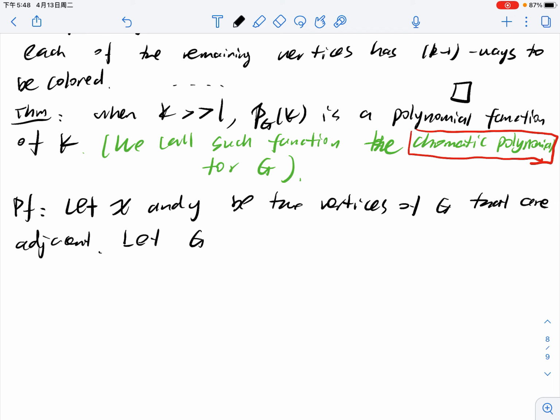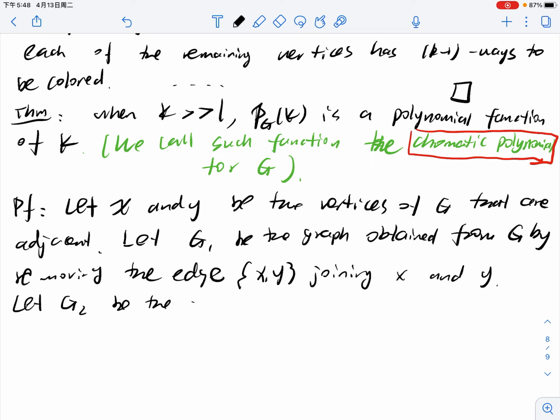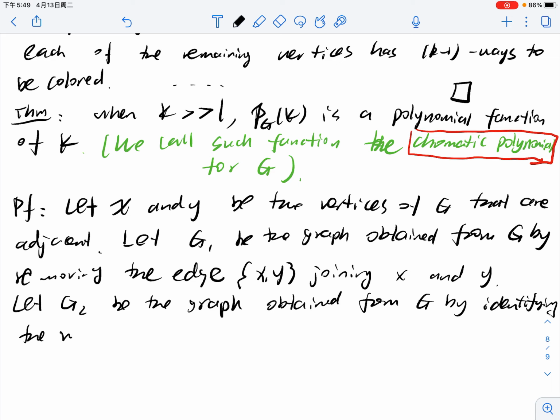Let G1 be the graph obtained from G by removing the edge xy joining x and y, and let G2 be the graph obtained from G by identifying the vertices x and y.